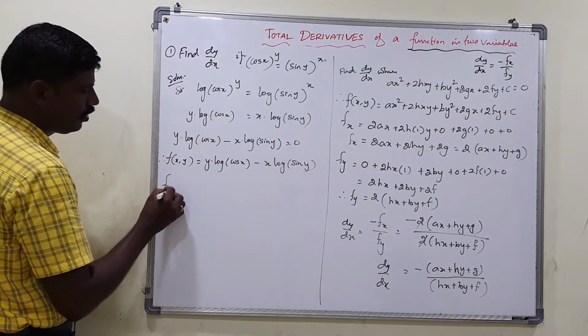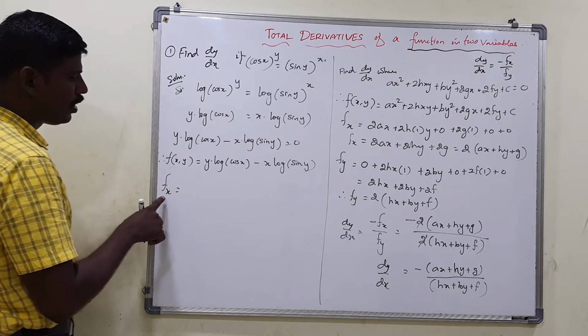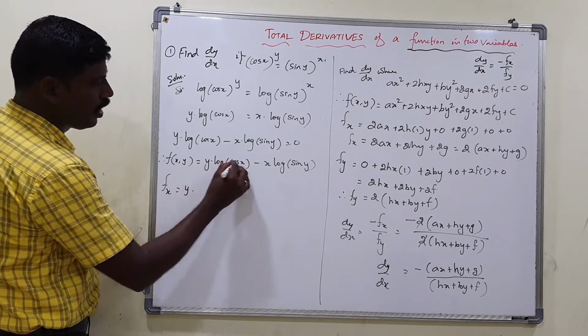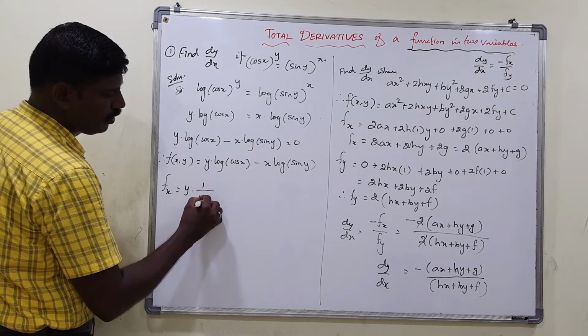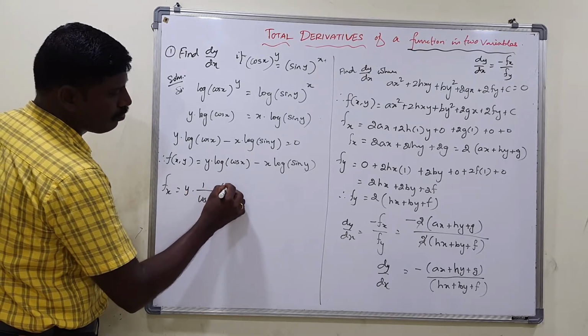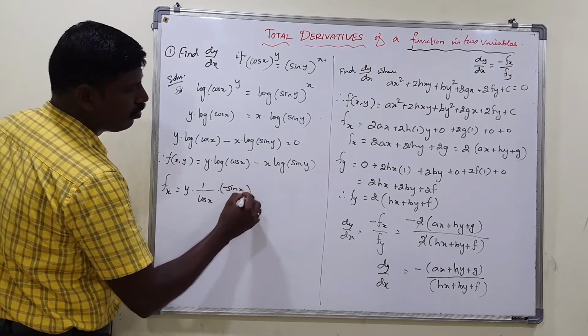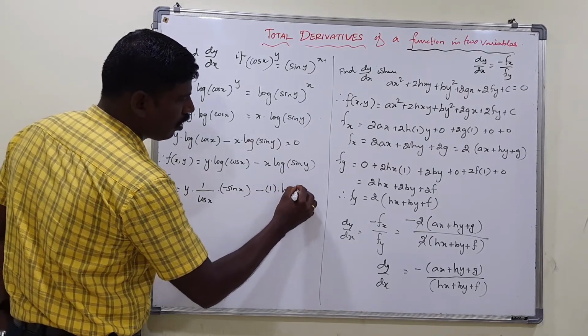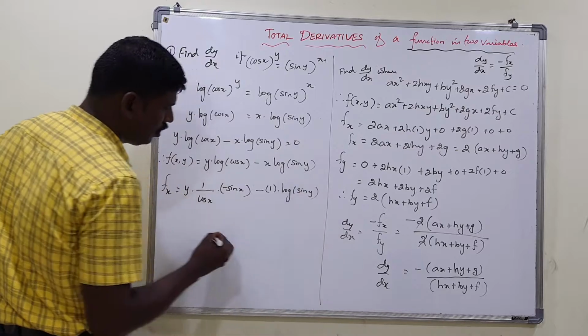So what is fx? Taking the partial derivative with respect to x: y into, what is the derivative of log of cos x? 1 by cos x. What is the derivative of cos x? Minus sin x. Minus, the derivative of x is 1, into log of sin y, isn't it?